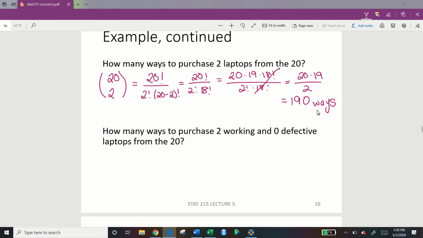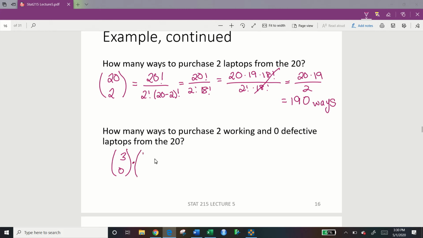Next, we want to know how many ways to purchase 2 working and 0 defective laptops from the 20. In our 20, 3 are defective. So that would be 3 choose 0, because, again, of the 3 defective, we select 0 of them.